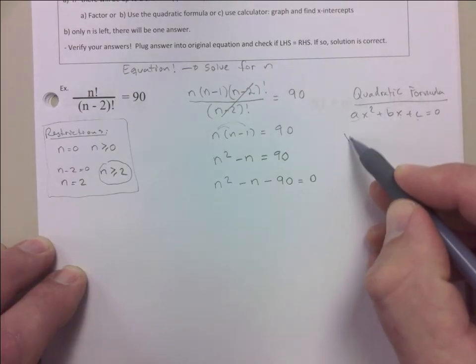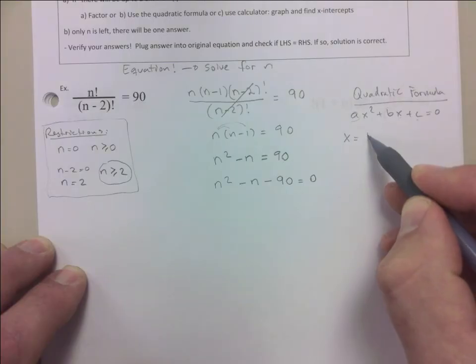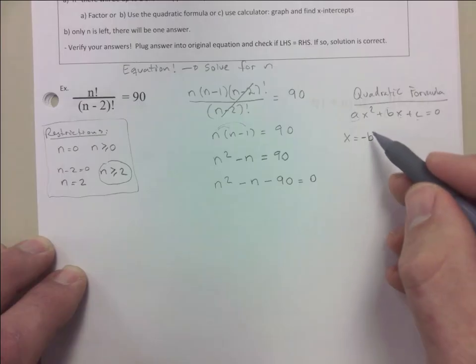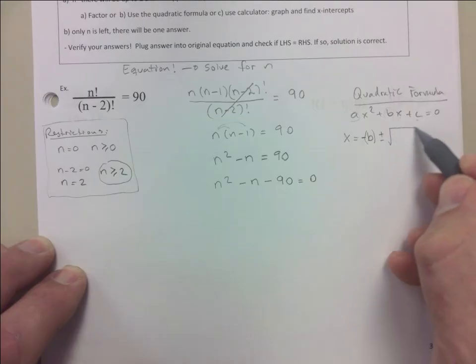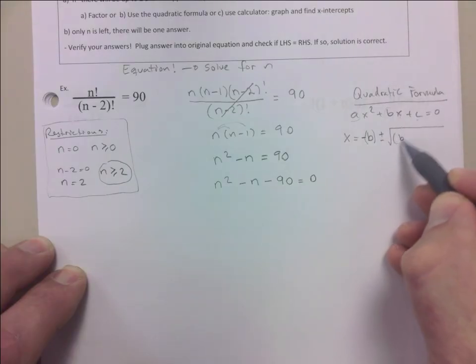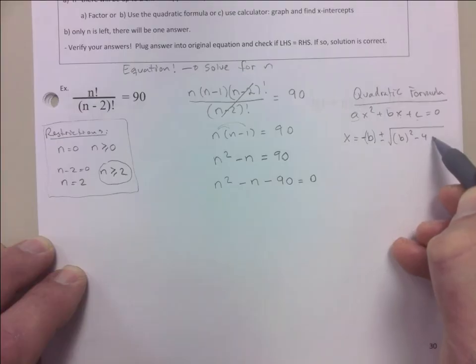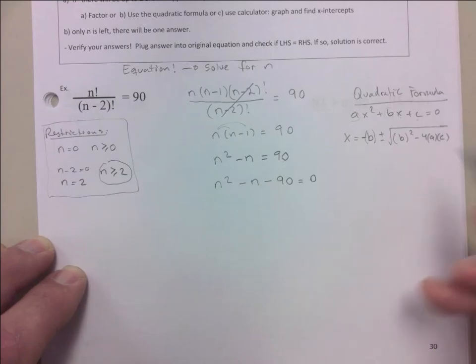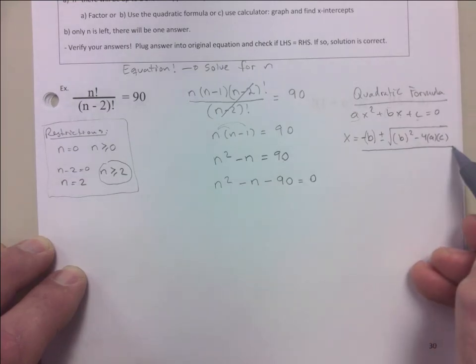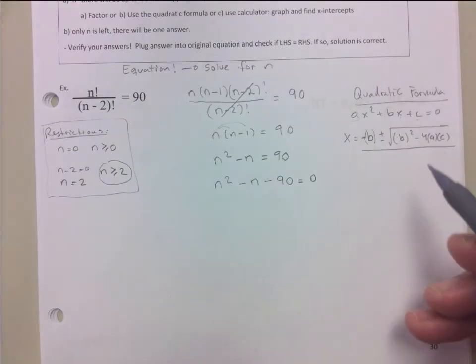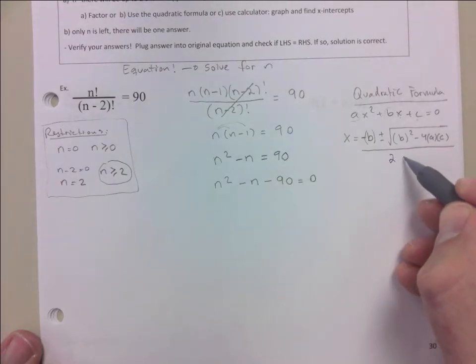To figure out x, we go negative b, I actually put that in brackets, plus or minus the square root of b squared minus 4 times a times c. All of that. So you first do whatever's at the top, right? Divide it by 2 times a.